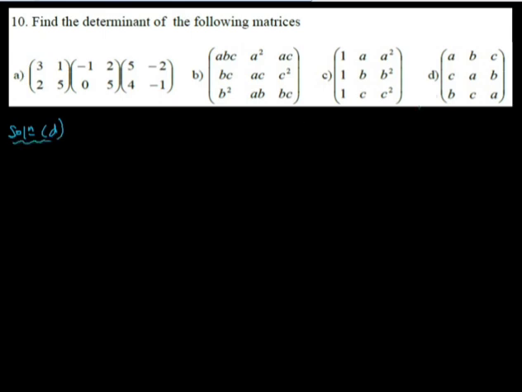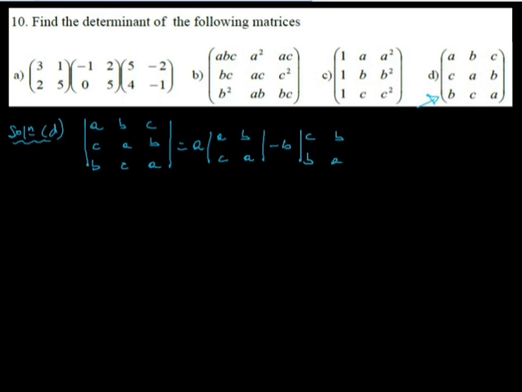So going to the D part, we are asked the determinant of this matrix: a, b, c; c, a, b; b, c, a. The determinant of this matrix is a into the determinant of a, b, c, a, minus b into the determinant of c, b, b, a, plus c into the determinant of c, a, b, c.